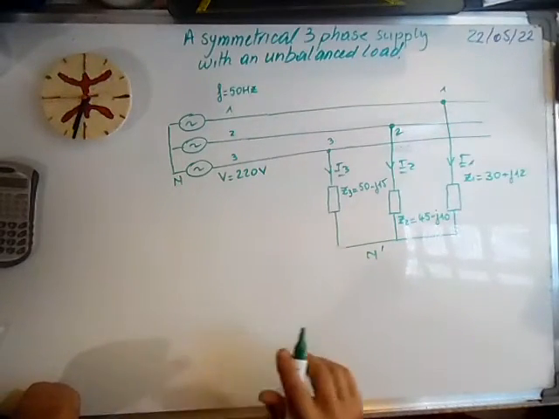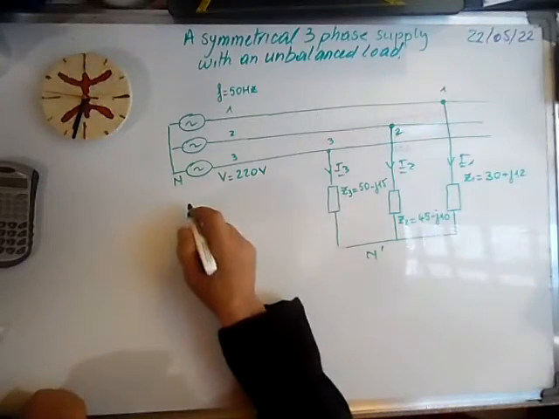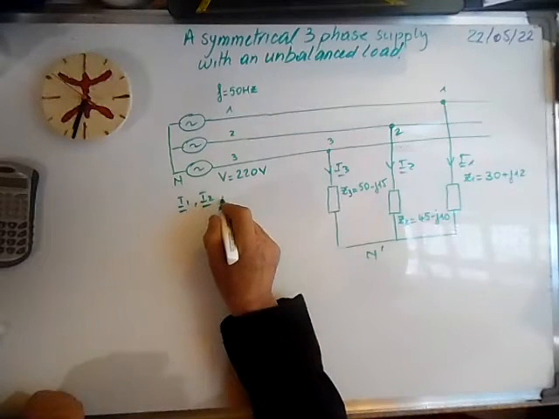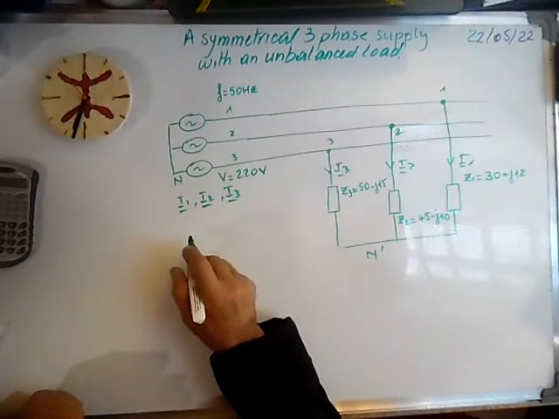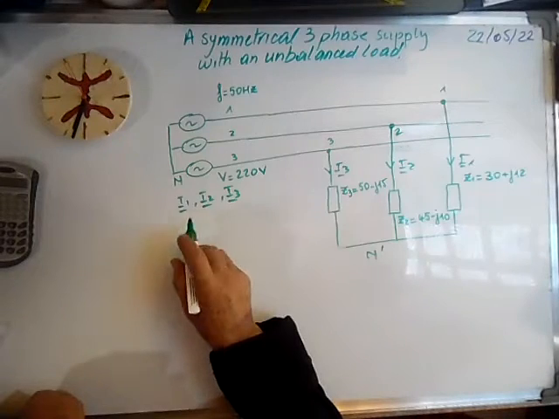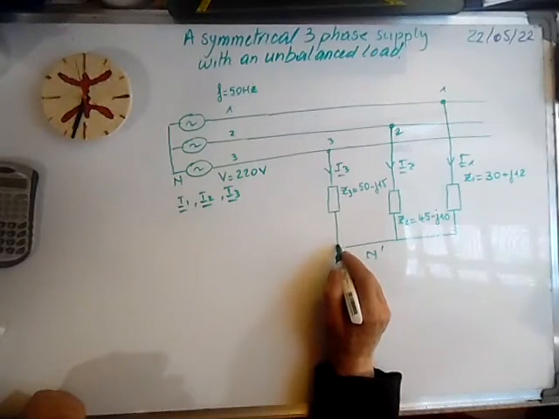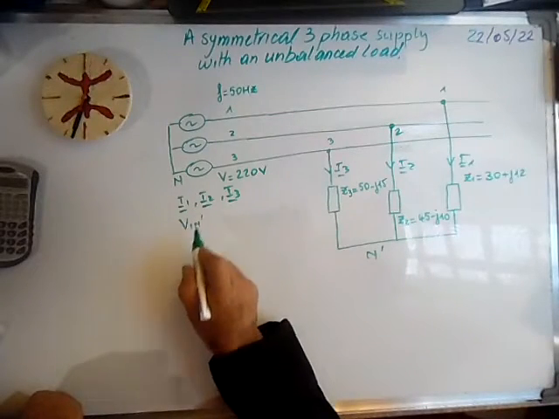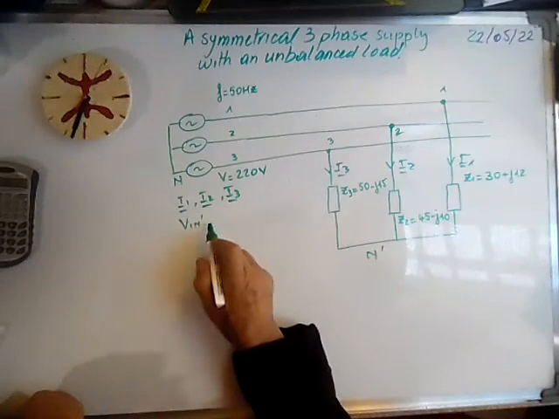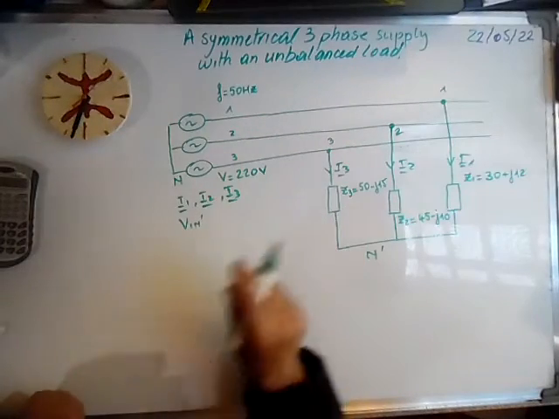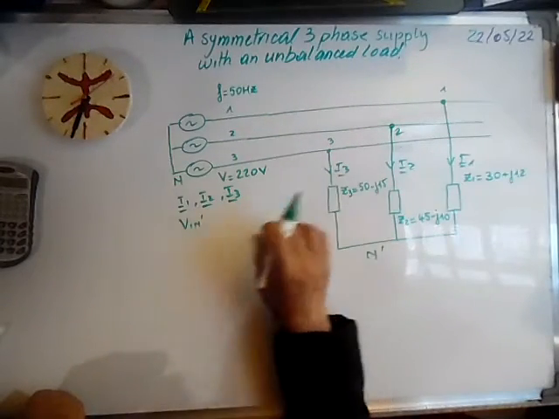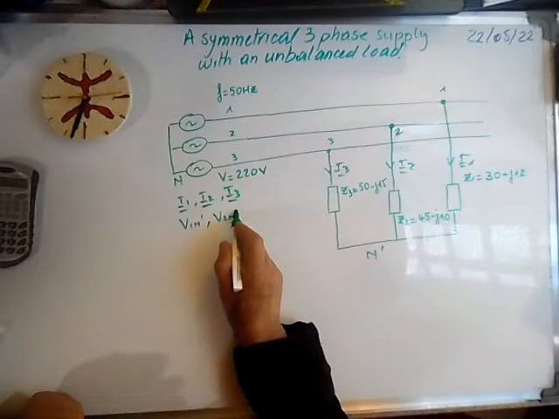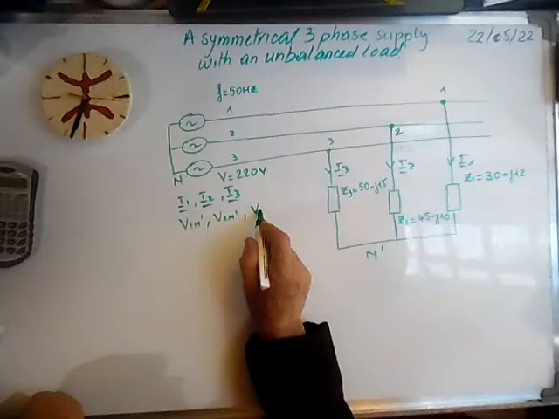So first thing we have to do, we have to calculate the currents, and if we have time we calculate... These neutrals are not connected, so we have to calculate the load voltages at phase 1, phase 2 and phase 3.